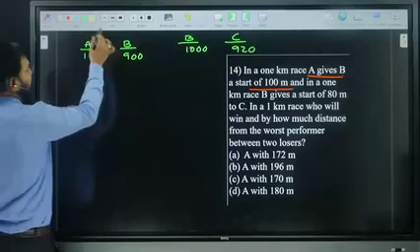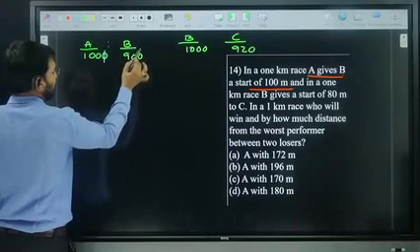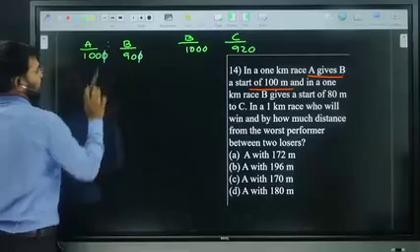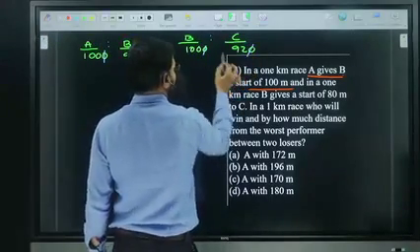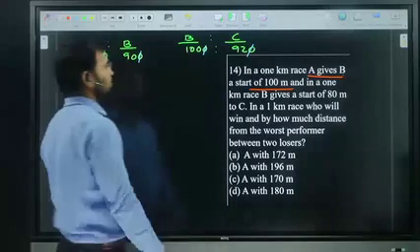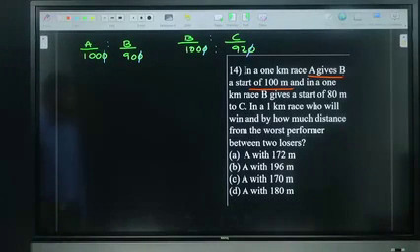So if we take the ratio, A is to B is 100 is to 90. B is to C is 100 is to 92. All of you clear? All of you okay?